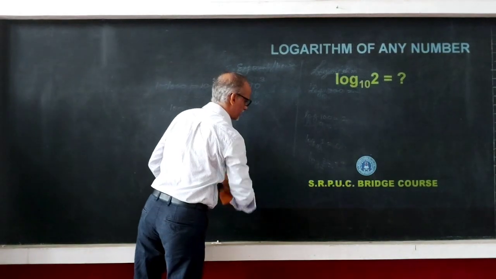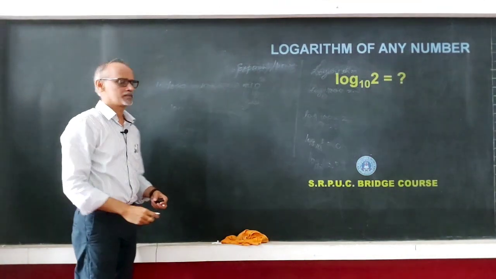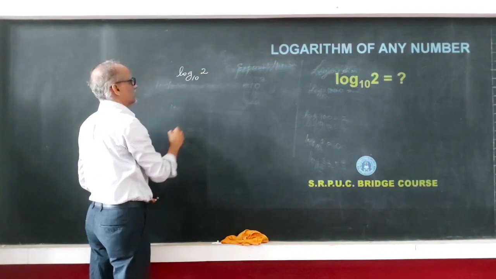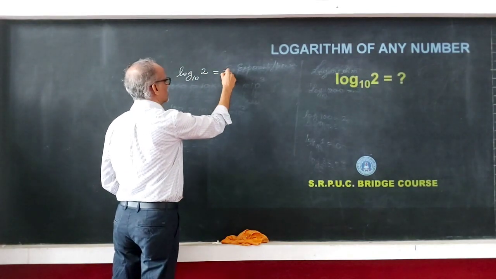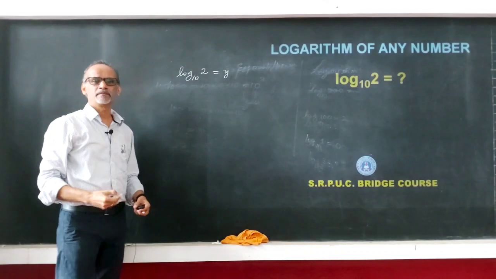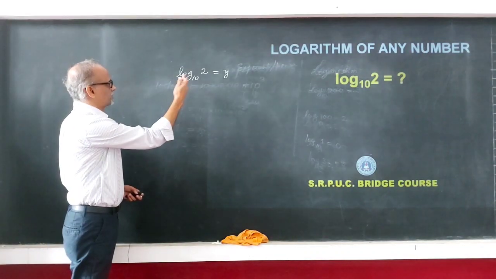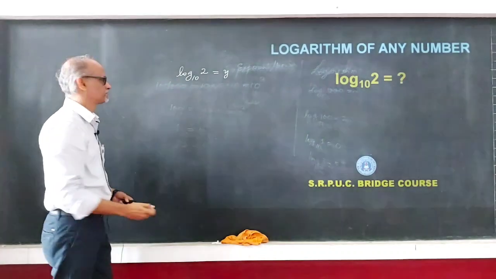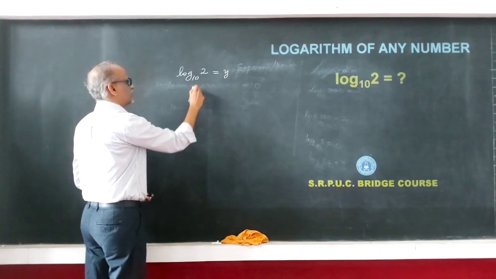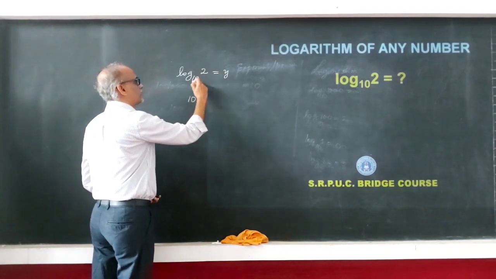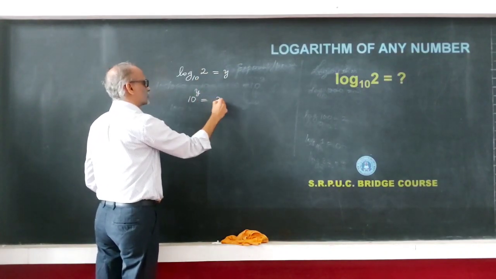So now I want to find the log of a number. Log 2 to the base 10 is how much? Let that number be y. So let me write this in exponent form. 10 to the power y is equal to 2.